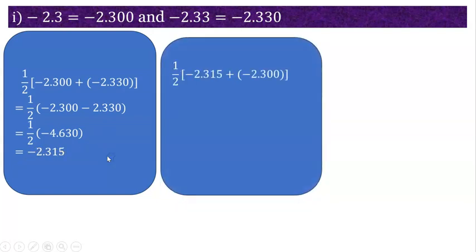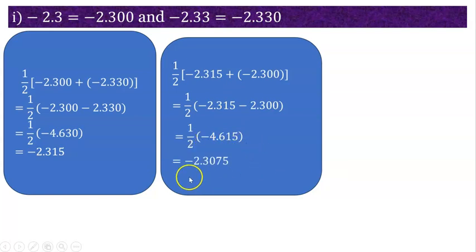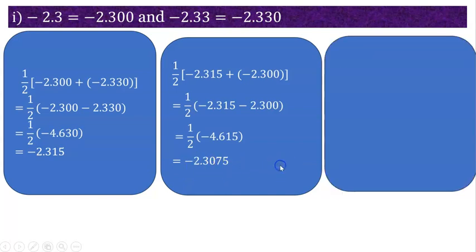Next, the number between minus 2.315 and minus 2.300, again their addition is minus 4.615 divided by 2. Then you will get here minus 2.3075.